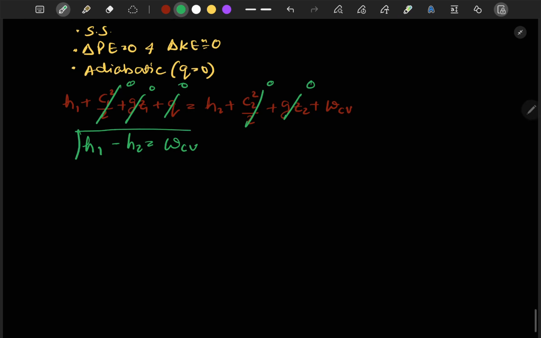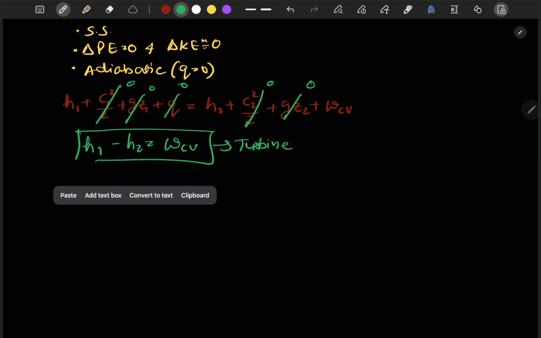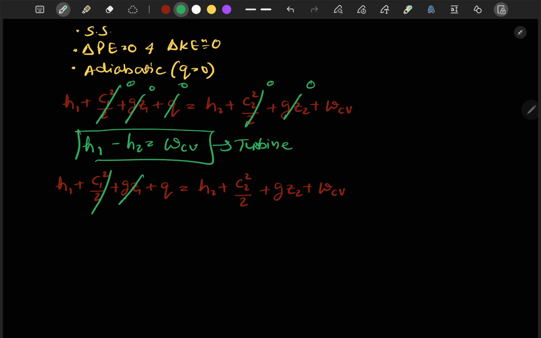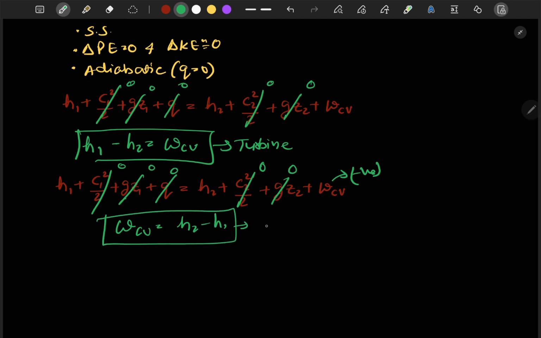This equation is applicable in case of turbine. If we are talking about a compressor, then these will be 0, 0, 0, and this term is also 0, but the work done will be negative here, because the compressor is a work consuming device. So we will get work done CV equals H2 minus H1, and this, my friend, is for the compressor.